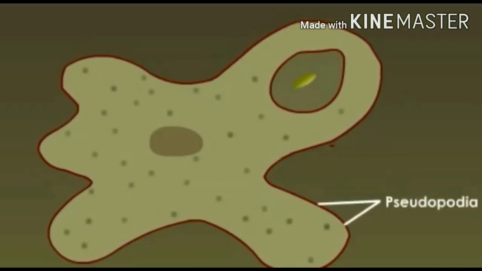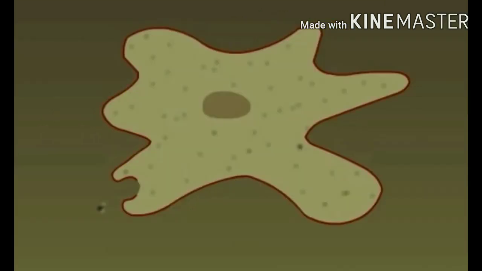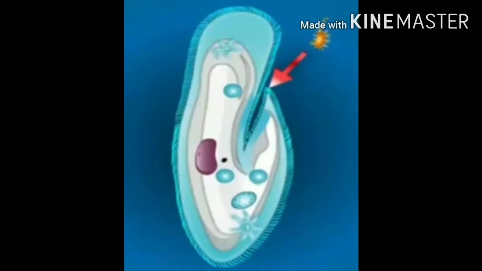The food enclosed in a cell membrane forms a food vacuole. The complex food is broken down into simpler molecules with the help of digestive enzymes. The digested food is absorbed in the cytoplasm and undigested food is expelled out through the cell membrane.